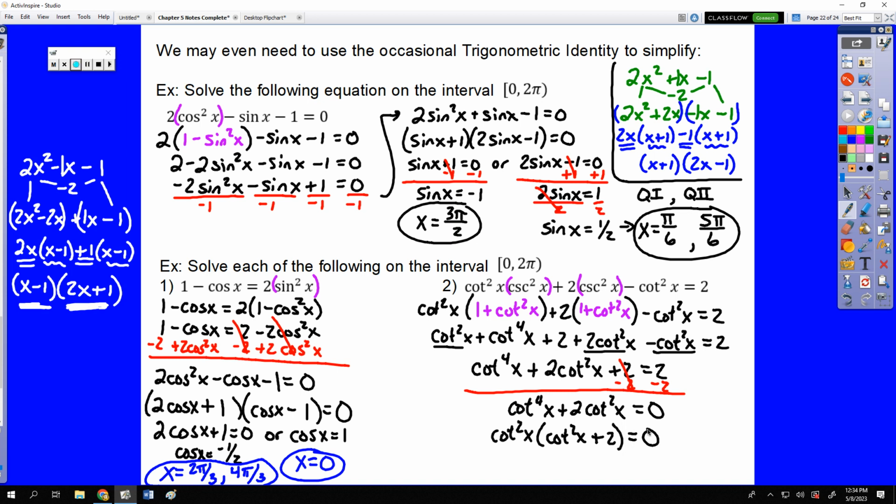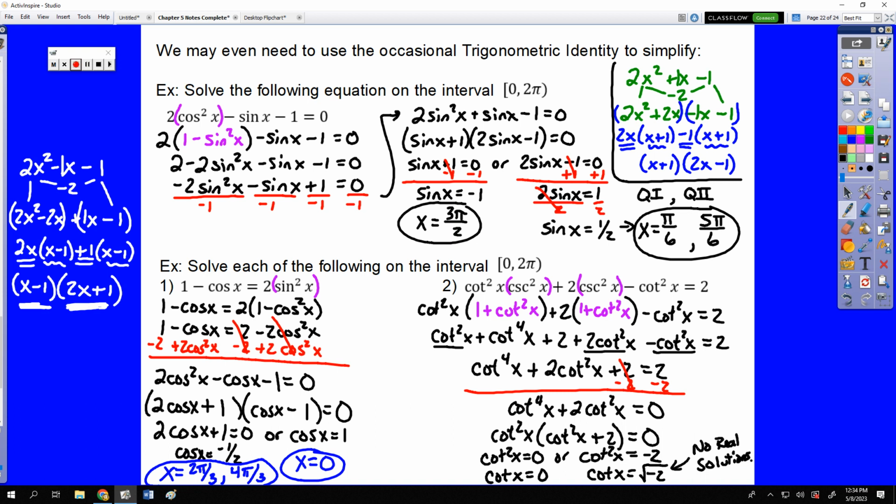Which means we're looking for cotangent squared x equals 0, or cotangent squared x plus 2 equals 0, meaning cotangent squared equals negative 2. Take the square root. We are looking for where cotangent of x equals 0, because the square root of 0 is still 0, or the cotangent of x equals the square root of negative 2. Well, that one doesn't have solutions because that's not a real number, so we can ignore that one.